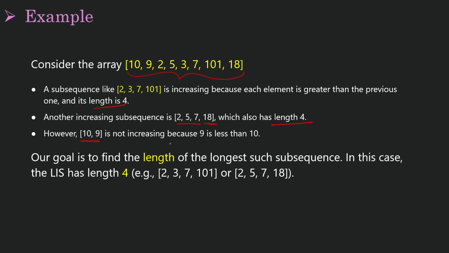However, 10, 9 is not increasing because 9 is less than 10. Our goal is to find the length of the longest such subsequence. In this case, the LIS has length 4, for example, 2, 3, 7, 101, or 2, 5, 7, 18.